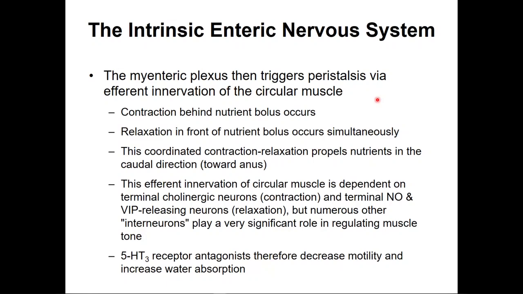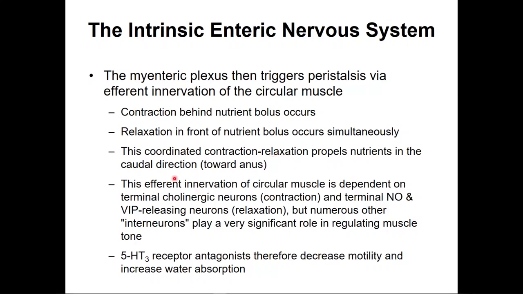When I say before and after, I mean before is closer to the upper GI tract, and after is closer to leaving the body, so in the caudal direction, towards the anus. So you relax after the food, contract before the food, and then it'll move it forward. That is all hardwired. It's not by chance. It's not random. The neurons are wired that way, and we'll talk about that in a little bit.